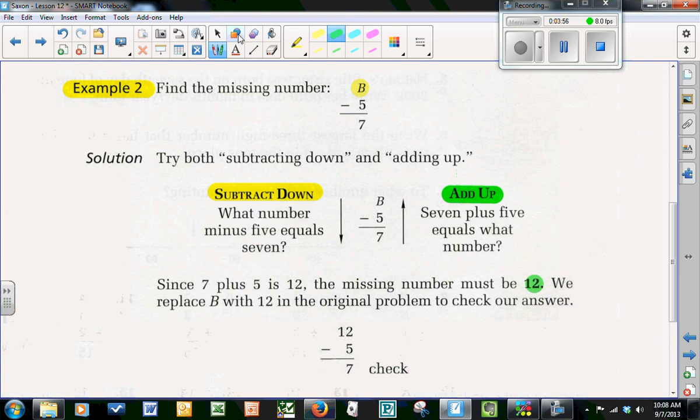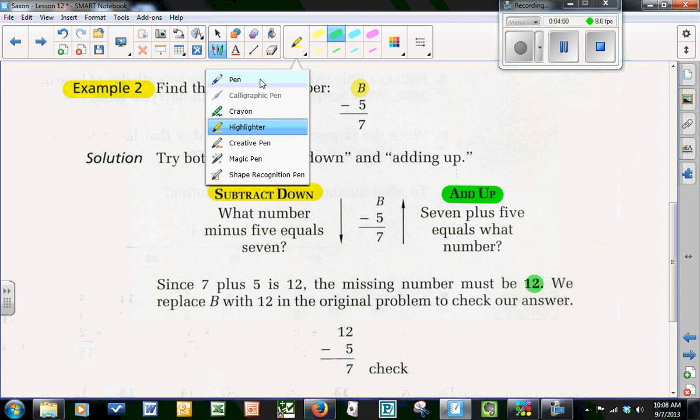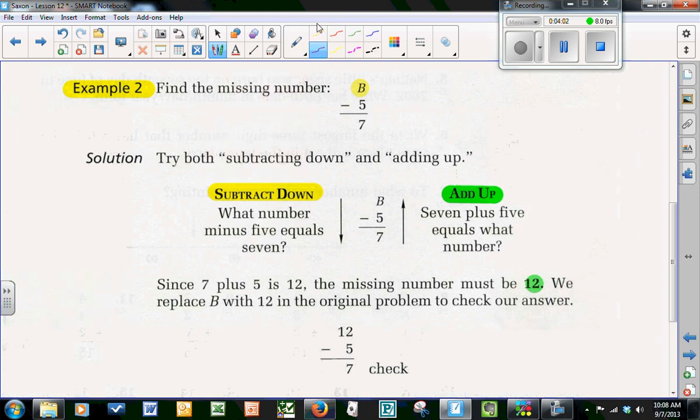If you were writing it, you would take your pencil. I'm going to change over to pen mode, and you would write your variable B equals, and in this case, 12. So you can find the answer using either the subtract down strategy or the add up strategy.